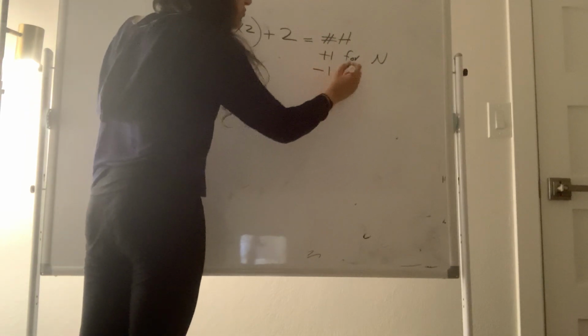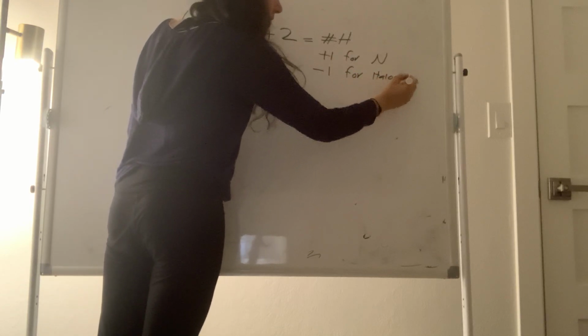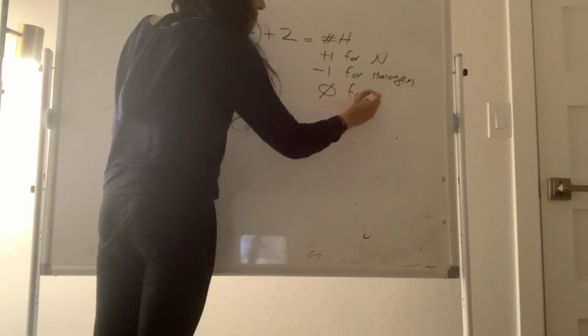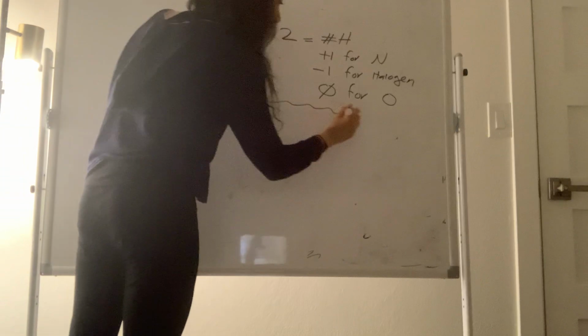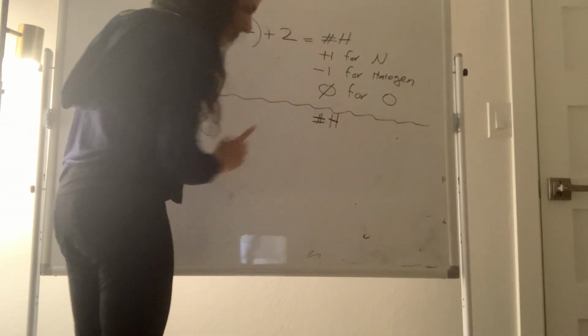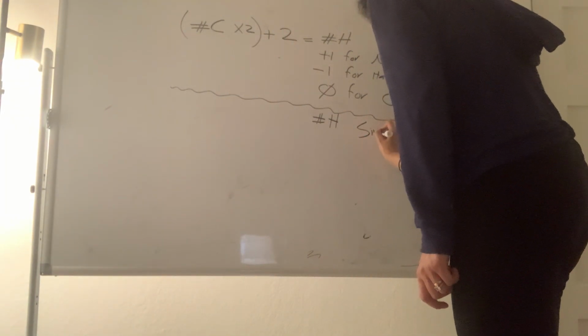You're going to subtract 1 for every halogen that you have, and you do nothing for oxygen. If you do that, then you're going to get the number of hydrogens we have as long as we have nothing but single bonds.